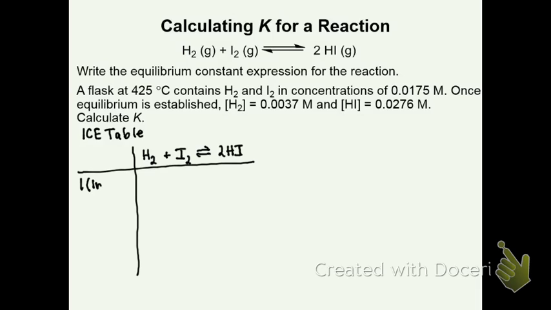I is for initial, C is for change, and E is for equilibrium. So in the ICE table, we're always writing concentrations of reactants and products.